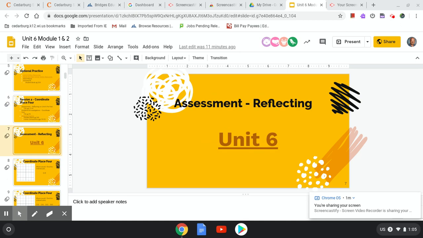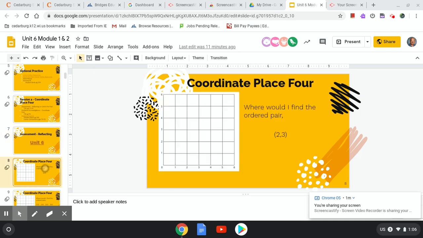Okay, so this next slide I have is for reflecting on our Unit 6, but hopefully if you've already taken that pre-test, you know where you need to spend a little bit of extra time working on skills for mastery. But we're going to go ahead and get into Coordinate Place 4.